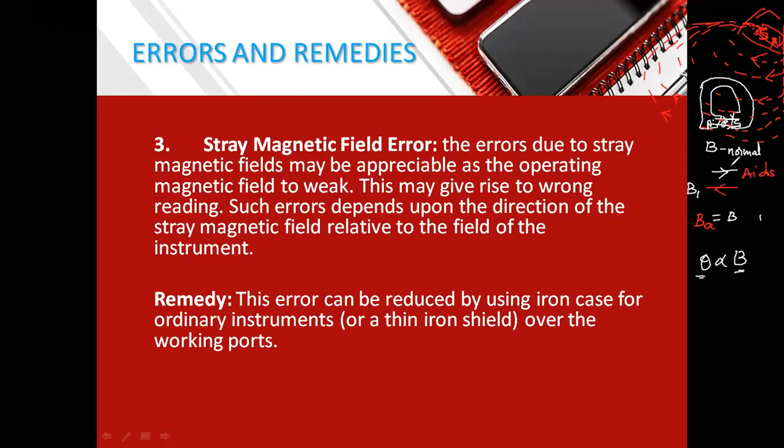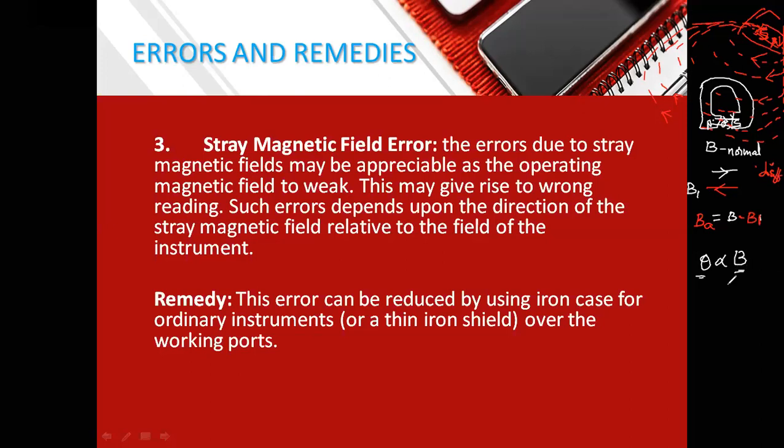B is as usual, but B1 is in opposite direction. So what happens? Instead of aiding, here we'll have difference, which means BA, the resultant air gap flux, is going to be B minus B1.